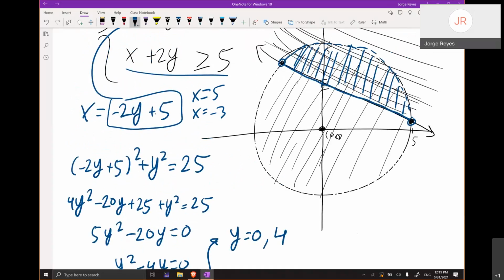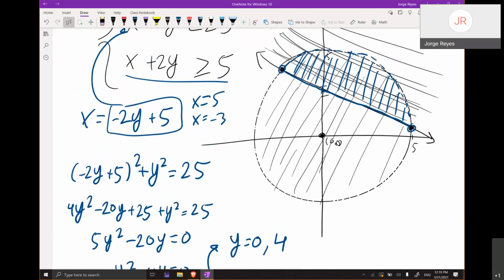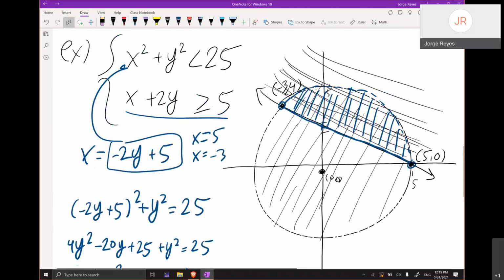So this graph is technically wrong. It is close to being right though. If I want to cheat a lot, oh, now it's correct. Right, this is 5, 0. And this is negative 3, 4. There we go. And this is now the final answer.